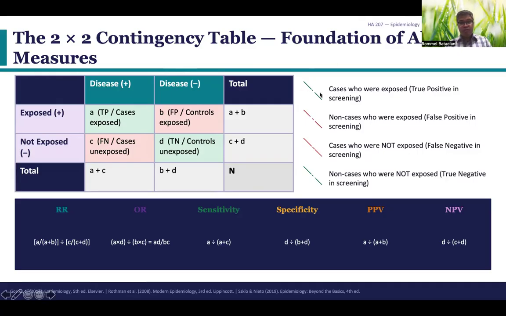So we have the cases who are exposed, non-cases who were exposed, cases who were not exposed, and non-cases who were not exposed. From there, we can compute the relative risk, the odds ratio, sensitivity, specificity, positive predictive value, and negative predictive value. We will have some examples later.